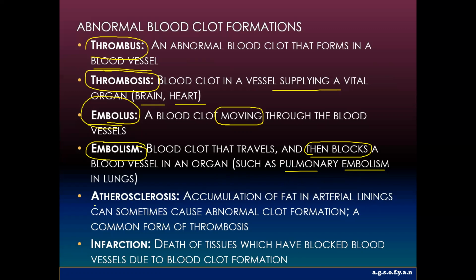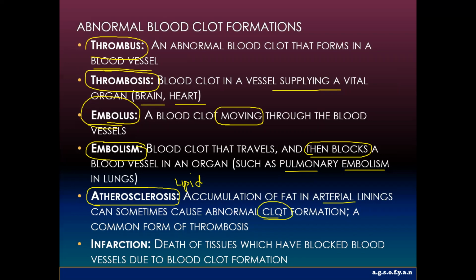There is another terminology called atherosclerosis. This is a general term for any substance, mostly lipids like cholesterol, that accumulates in the blood vessels, especially the arteries. When it accumulates in the artery, it can block the circulation. It might also cause clot formation.